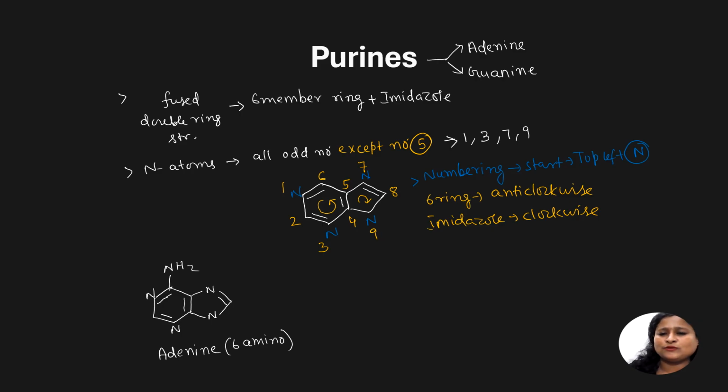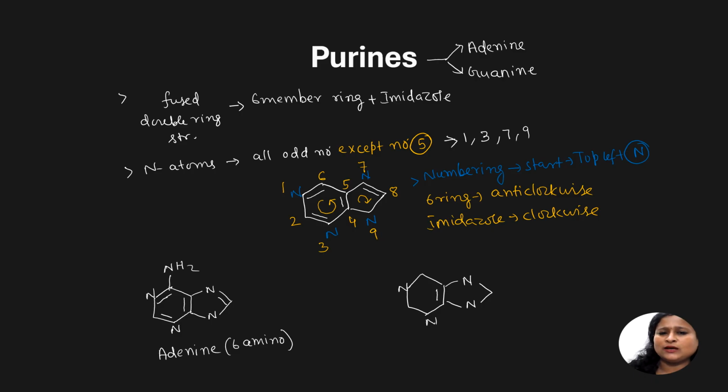Now let's try to make the structure of guanine. Make the base structure, 6-ring structure and imidazole structure. Put one double bond here. Nitrogen atoms, we put everything. Why didn't I put the double bonds?